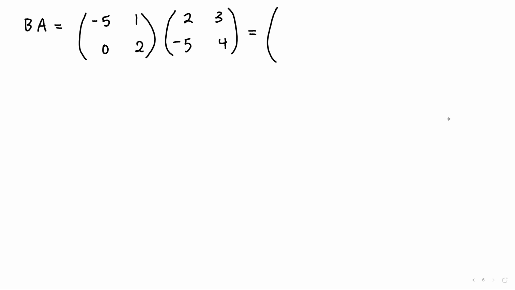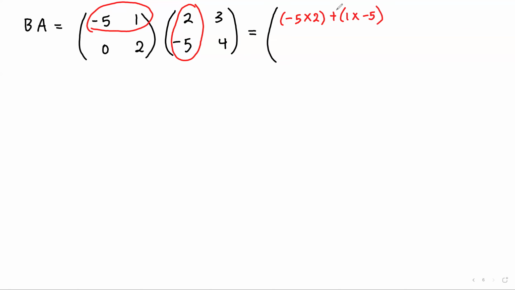First, this will be row 1, column 1, right? To get this position, it will be -5 times 2 plus 1 times -5. That's my row 1, column 1.